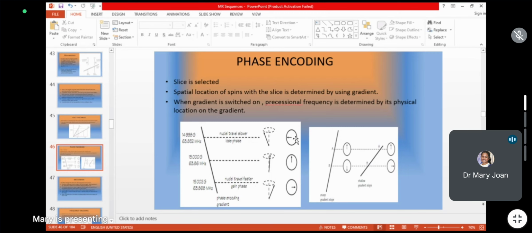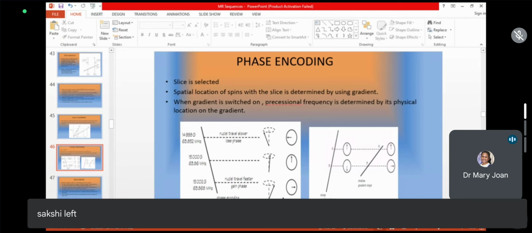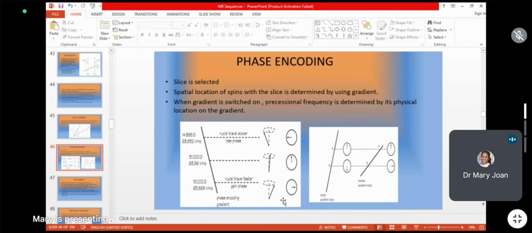You can see that when it loses phase, it comes to the anti-clockwise 9 o'clock position, and when it gains phase, it comes to the 3 o'clock position. And when it is in phase with the applied gradient, it is at the 12 o'clock position.